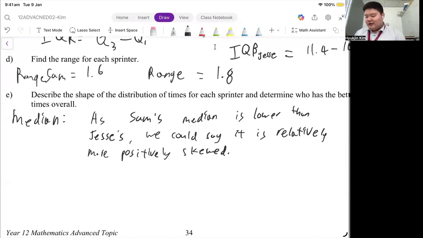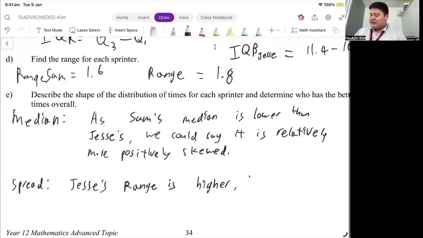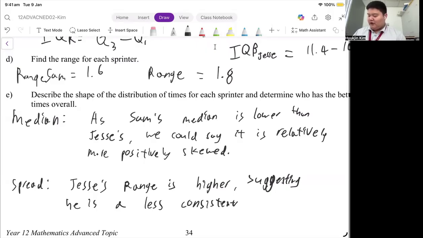And then the spread. Jesse's range is higher, suggesting he is a less consistent runner.